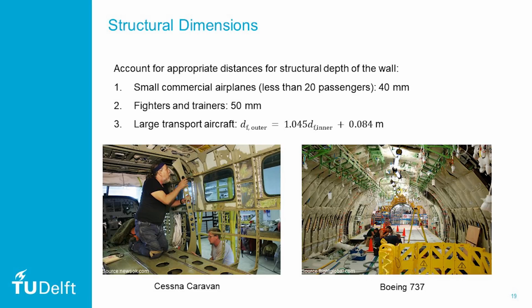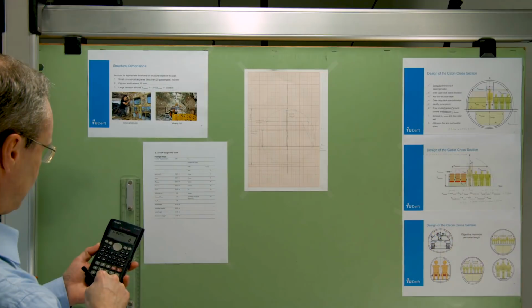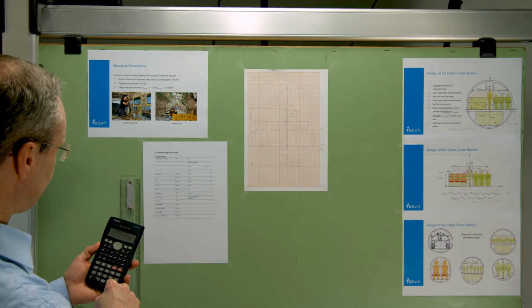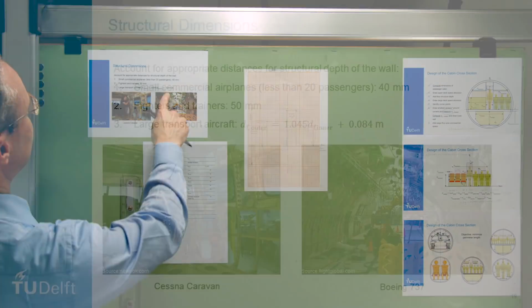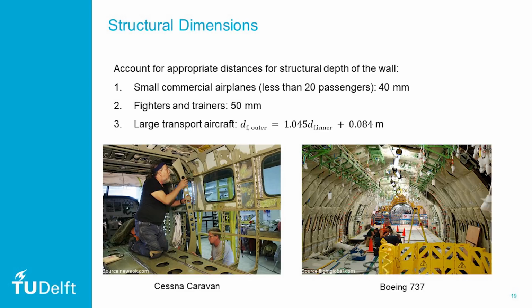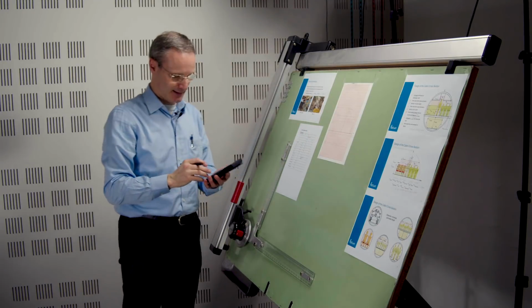1.045 times the dimension, and we use meters here, so 3.4 meters times 3.4 meters, and we have to add 8.5 centimeters, 0.084. So my outer diameter is going to be 3.59 meters.